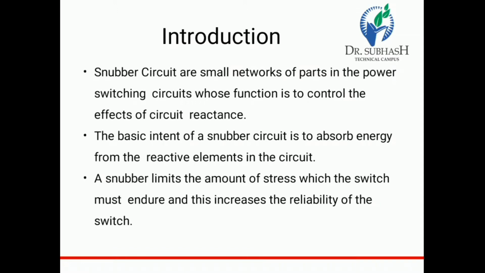The basic intent of this snubber circuit is to absorb the energy from the reactive elements in the circuit. A snubber limits the amount of stress which the switch must endure and increases the reliability of the switch. So the basic function of the snubber circuit is to control the effect of circuit reactance, right?